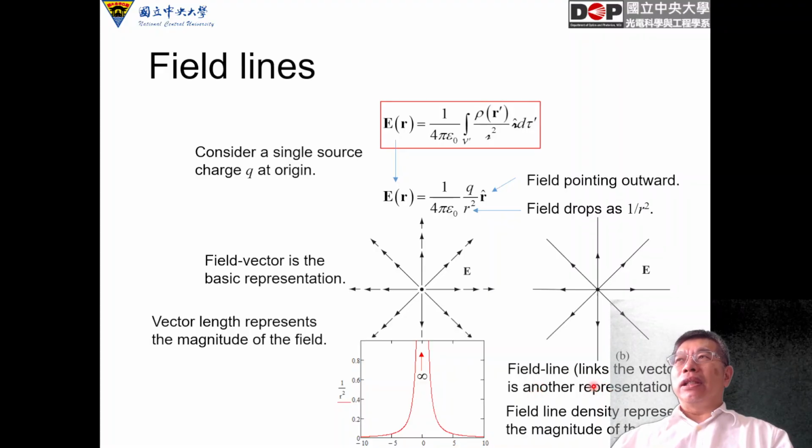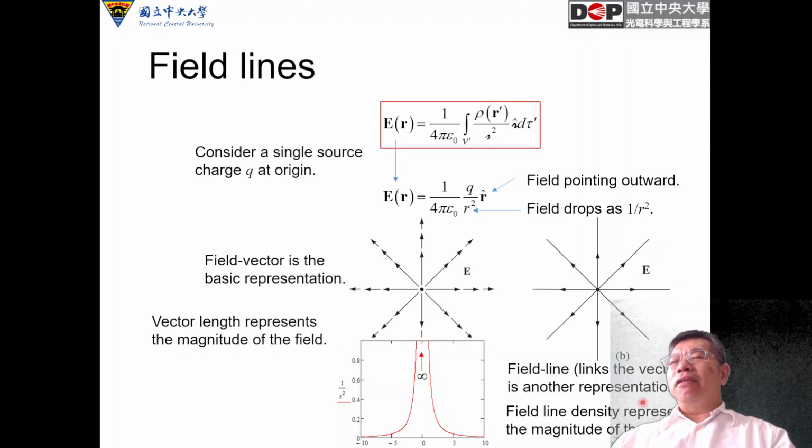Historically, we like to use this concept to help us understand the electric field and what it looks like, or which direction it could go. The field line density represents the magnitude of the field, not the length of the vector.